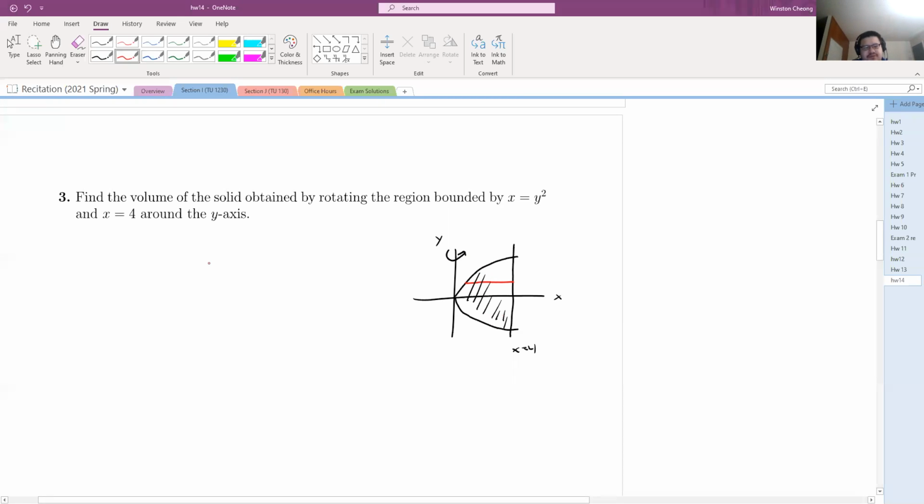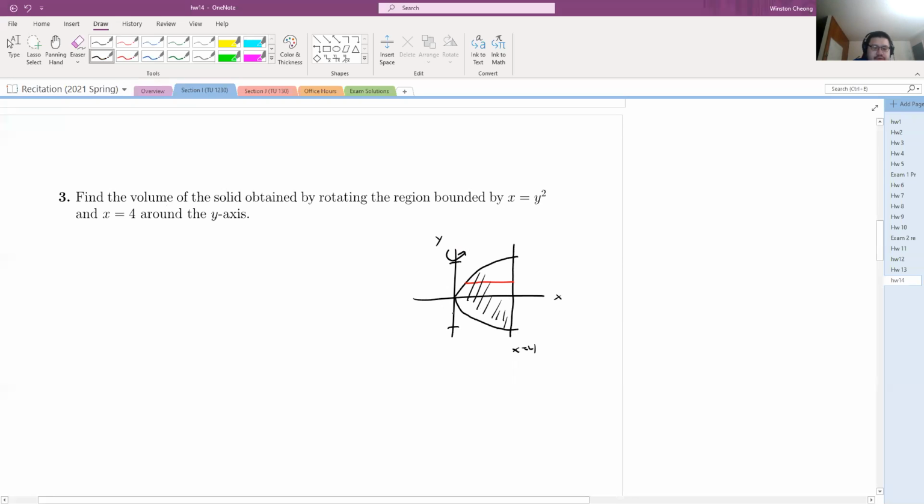Maybe it is, but this way is the most clear. So we need to make that red line run from the different ends of our integration.